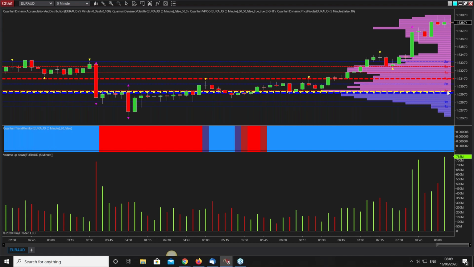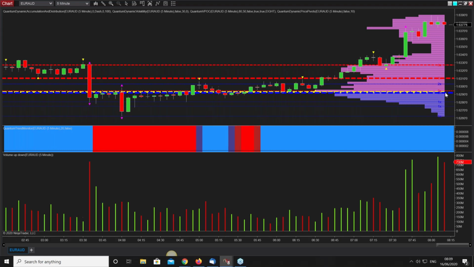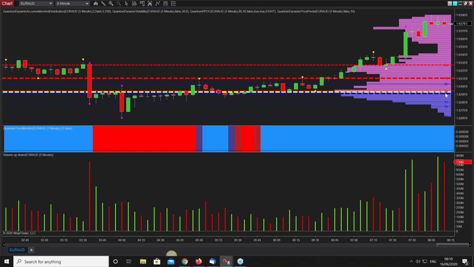You might not be able to see the little numbers down the side here. This one's been tested 7 times. This is a single episode. This is 3. This is 2. So each time a level is tested and holds, it is captured, if you like, in the algorithm and increases the thickness of the line accordingly. And therefore, you get a visual display of strength and weakness from a price-based perspective.